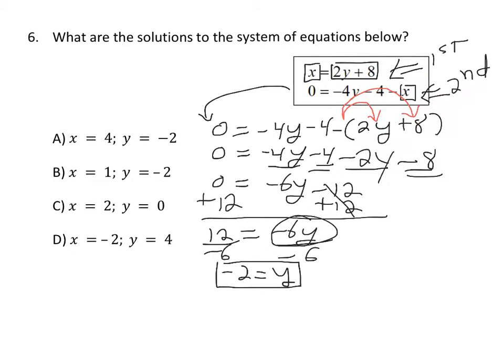Are we done? Do we need to find x? Let's see. The choices that we have give us y equals negative 2 twice. Look at that. So we need to find the value of x. If we need to find the value of x, then we need to plug y equals negative 2 into one of the original equations.